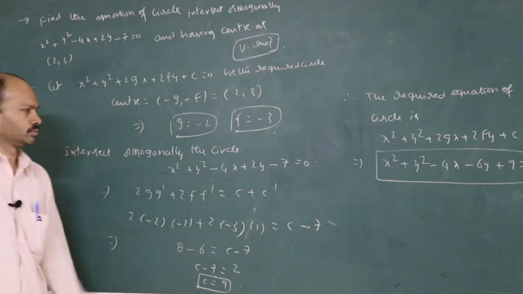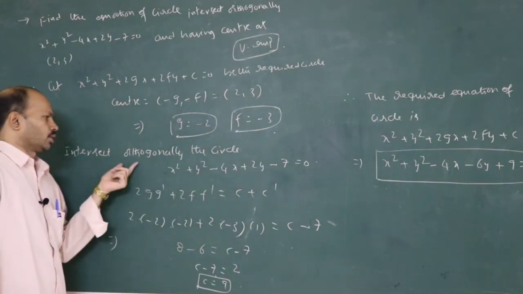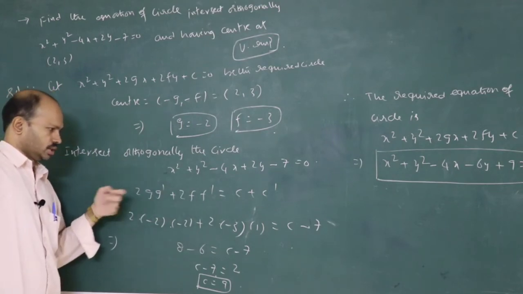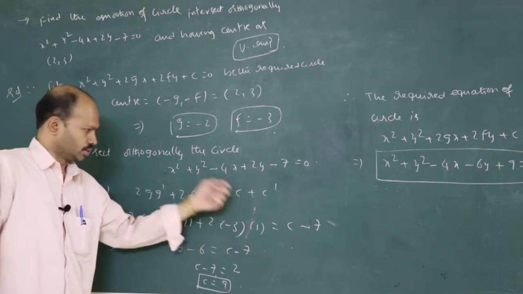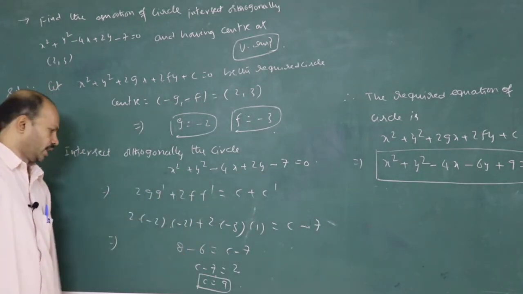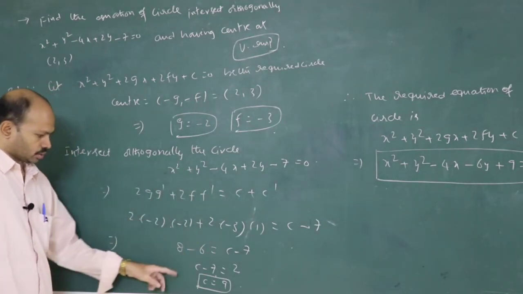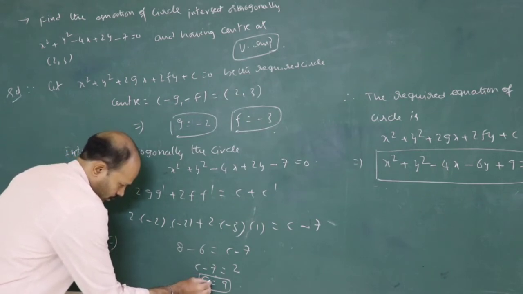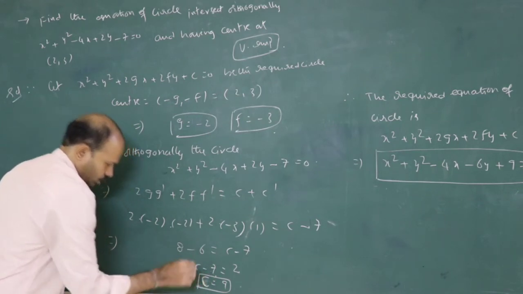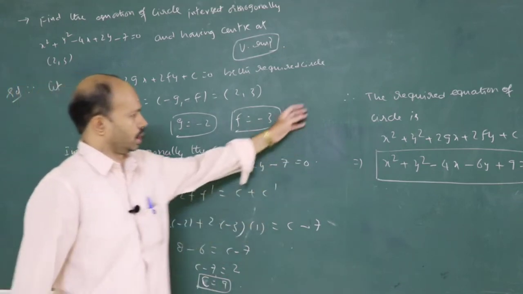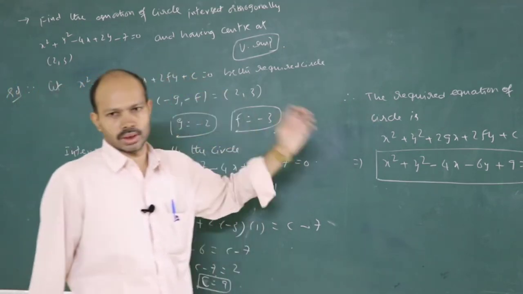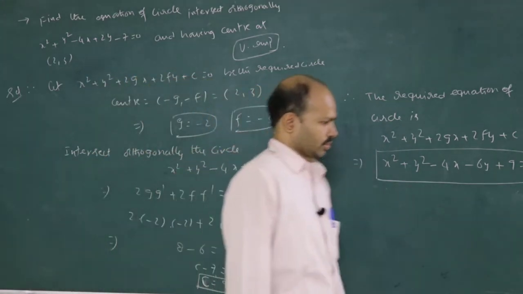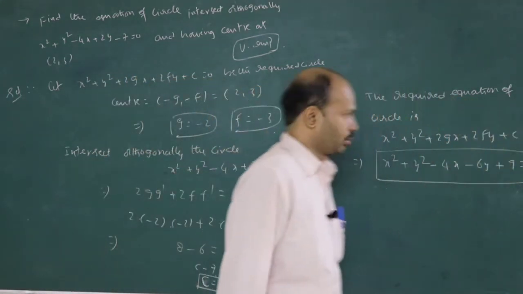Now, intersect orthogonally this circle. Apply the condition 2g g dash plus 2f f dash is equal to c plus c dash. Writing all the values with only one unknown, that is c, you get c is equal to 9. Therefore, the required equation of circle, just apply g, f, c, you get this conclusion. Coming to the next problem.